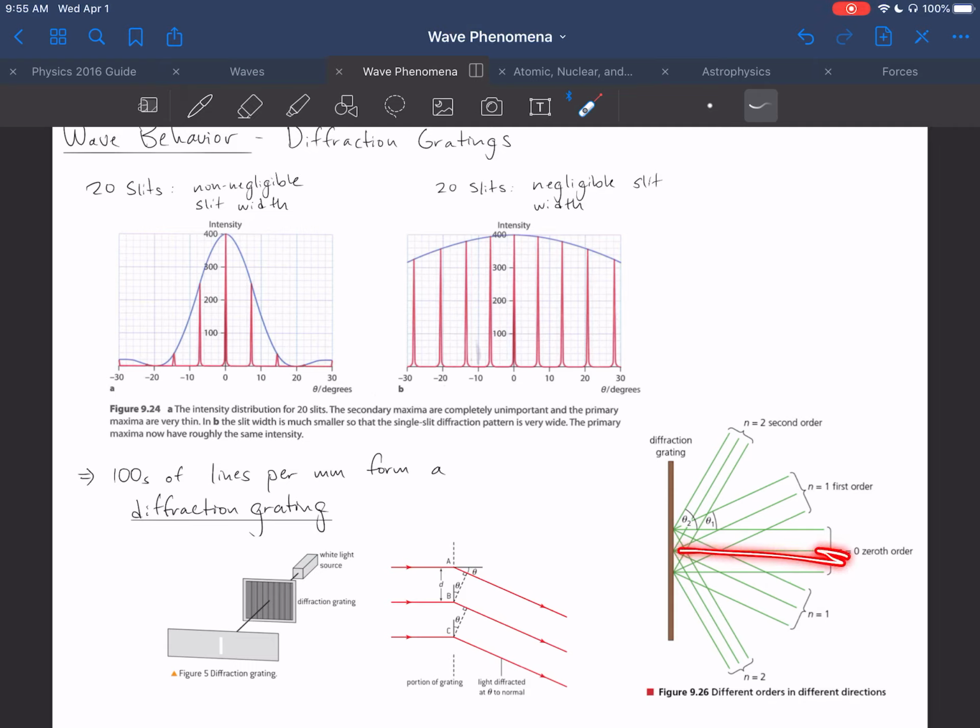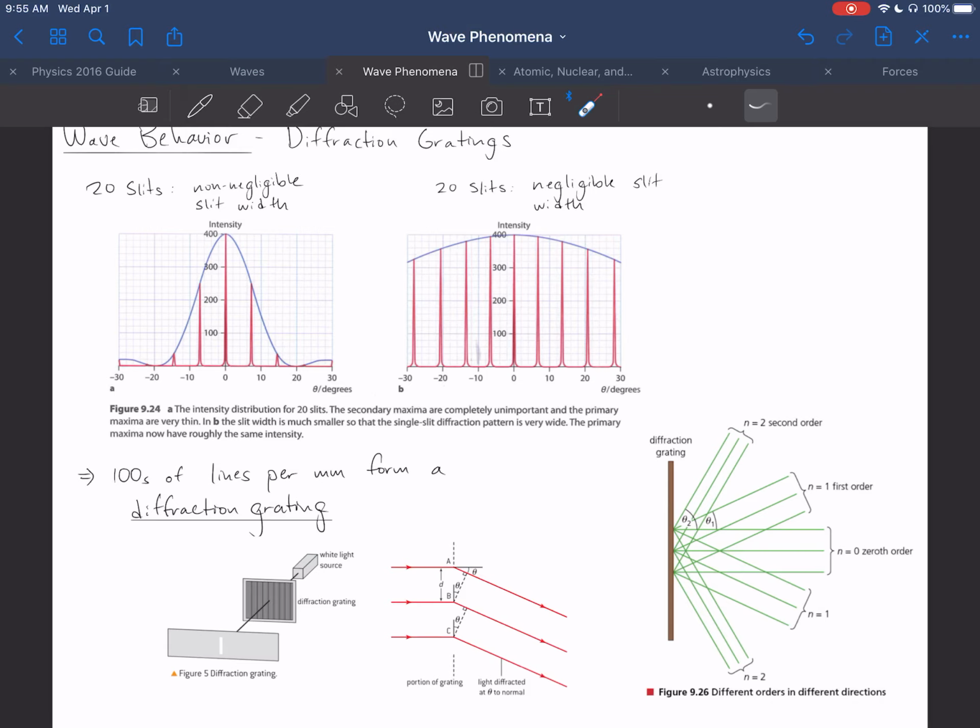So there's that central maximum right in the middle, where light comes from each slit in the diffraction grating equally. There's no path difference between them. And then integer path differences for the first order, so a single wavelength path difference, 2 wavelengths path difference for the second order line, and so on and so forth.